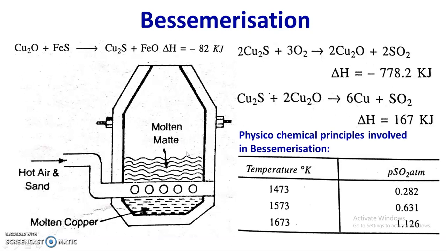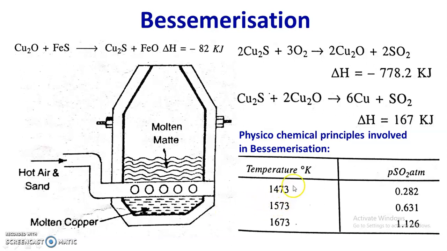Now, what is the physico-chemical principle involved in Bessemerization? The Bessemerization process is carried out at 1573 to 1673 Kelvin. During Bessemerization, the reduction of cuprous sulfide is carried out by self-reduction, where cuprous oxide is formed, which interacts with unreacted cuprous sulfide, forming metallic copper and giving sulfur dioxide gas.